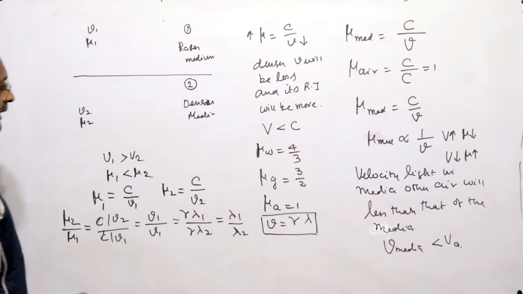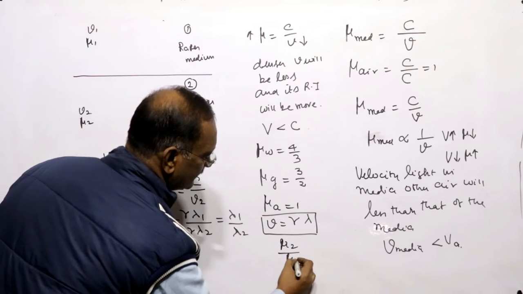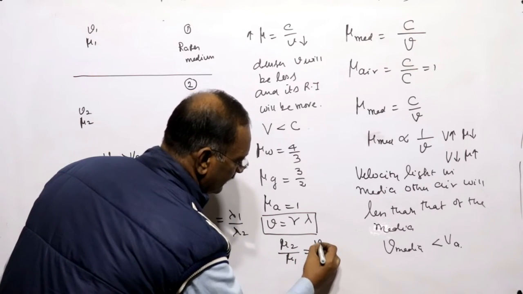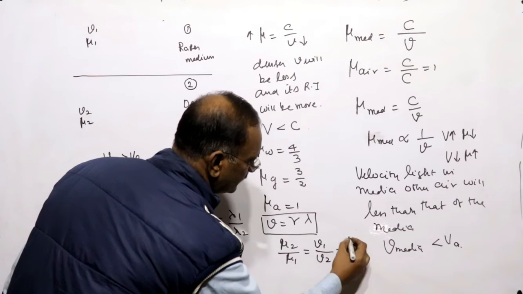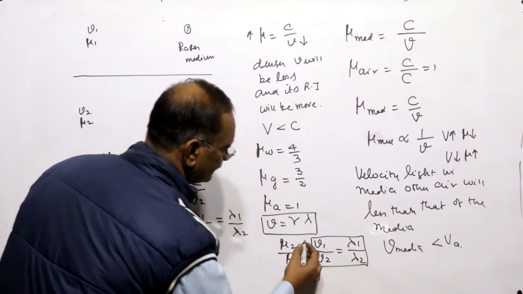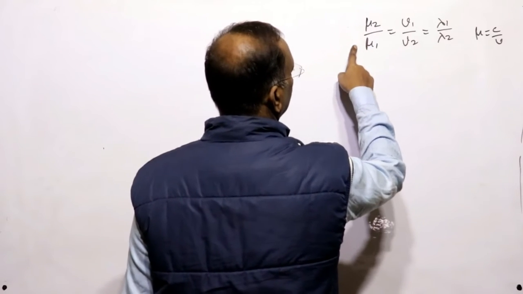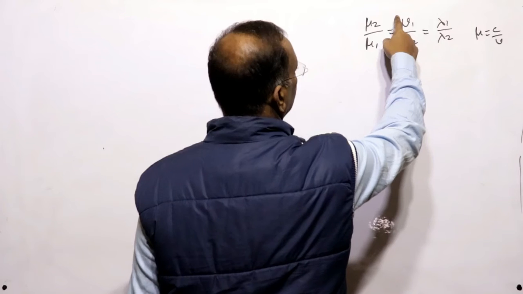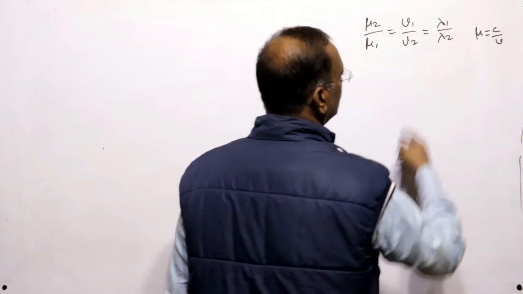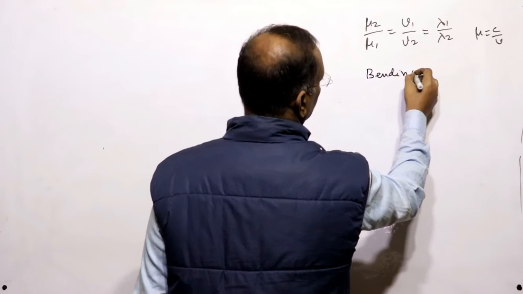So we can write mu2 by mu1, that is the refractive index of the second medium by the refractive index of the first medium, is equal to the velocity in the first medium by the velocity in the second medium, which is equal to the wavelength in the first medium by the wavelength in the second medium. Hence, mu2 by mu1 is equal to V1 by V2, which is equal to lambda 1 by lambda 2. The velocity and wavelength ratios are directly related, while the refractive index is inversely related. Bending of light.